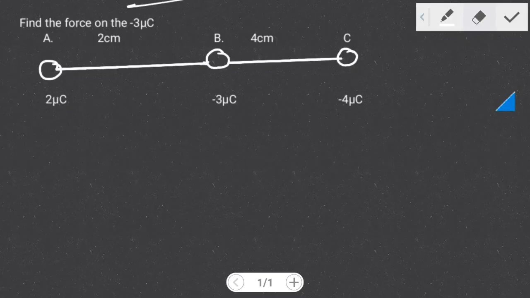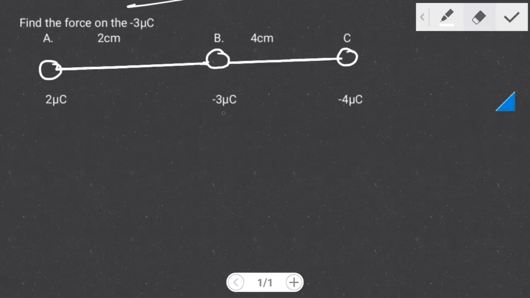Now for this example, I've been told to find the force on the -3 nC charge, and therefore I first look at the direction of action of these forces.